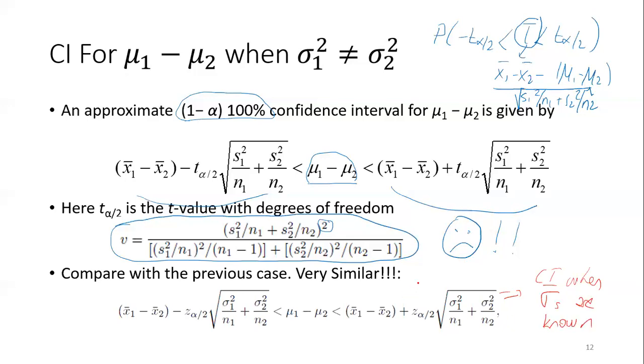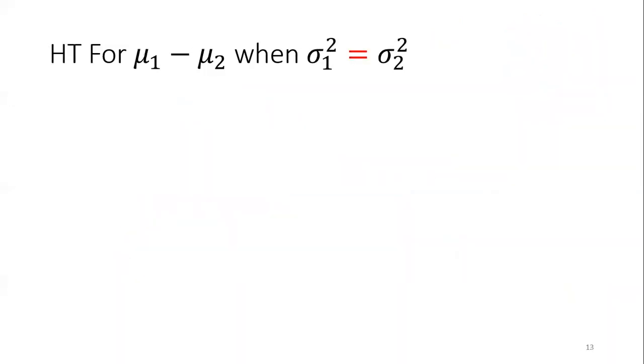See, they are very similar to each other. The only difference is that you don't know sigmas, hence you plug in s1 squared and s2 squared, and since you cannot use sigma, instead of z alpha over 2, I'm using t alpha over 2.